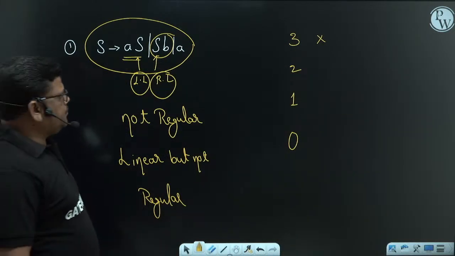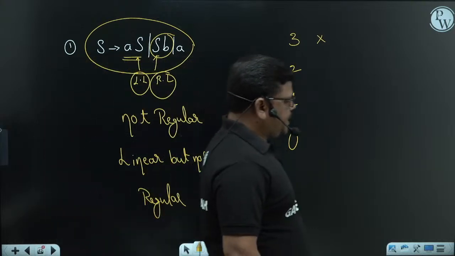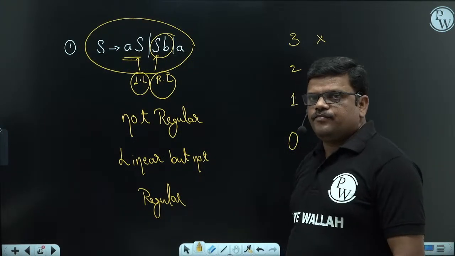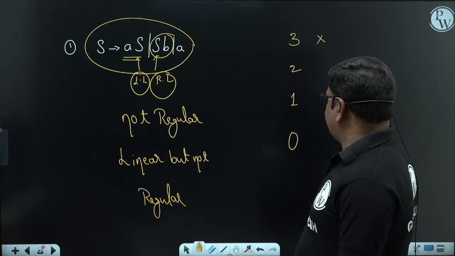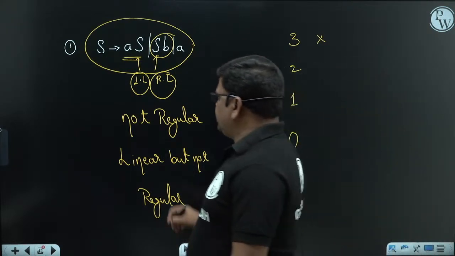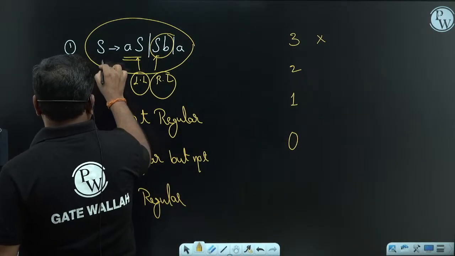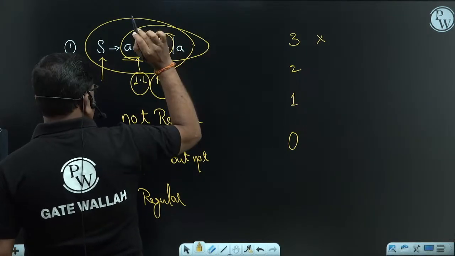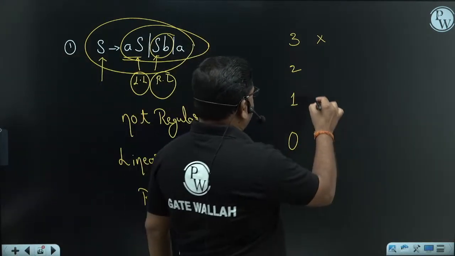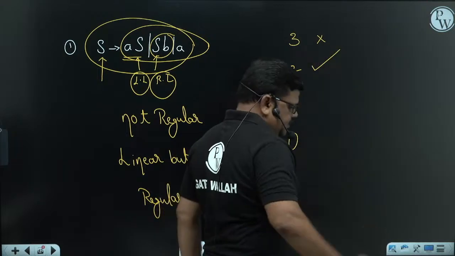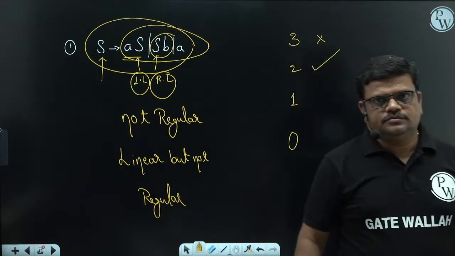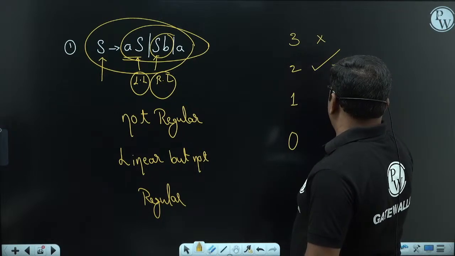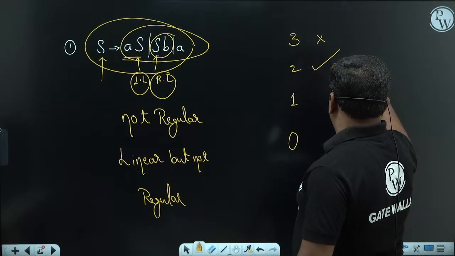If it is not type 3, then check for type 2. What about type 2 here? Left hand side only one thing, right hand side anything is allowed. So here the rule satisfies. The rule actually matches here.